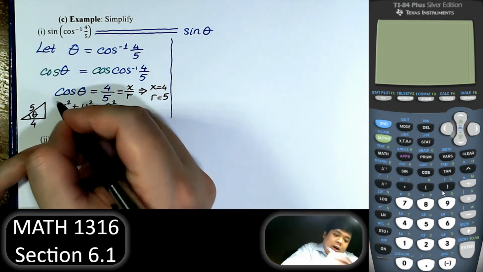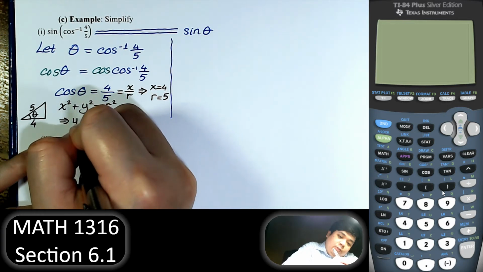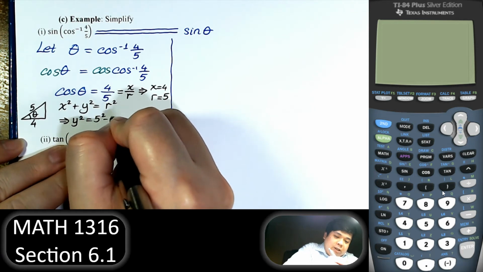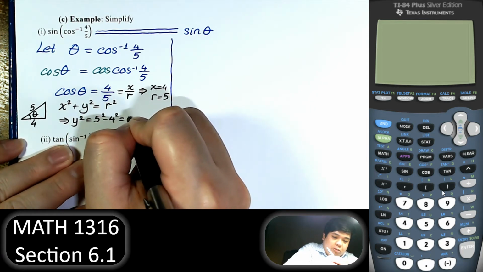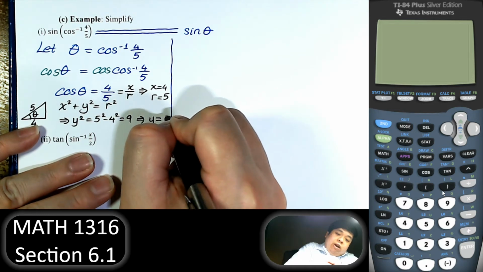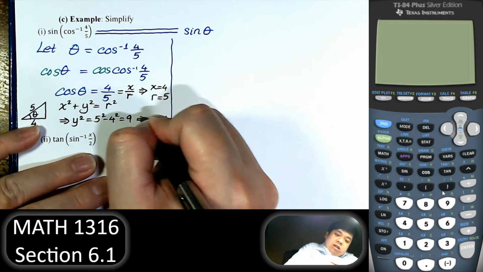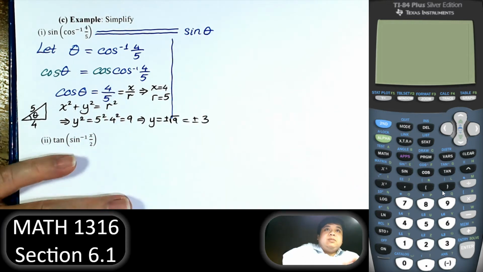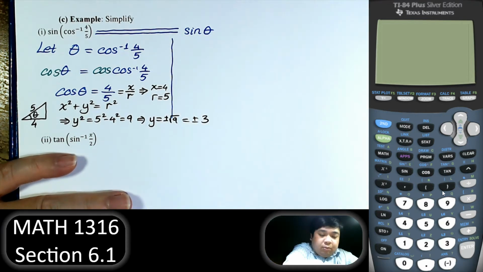So y squared is equal to 5 squared minus 4 squared, so 9. So y will be equal to, don't forget there's a plus or minus, the square root of 9, which is plus or minus 3, right?